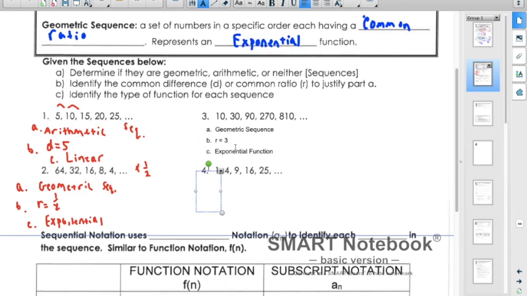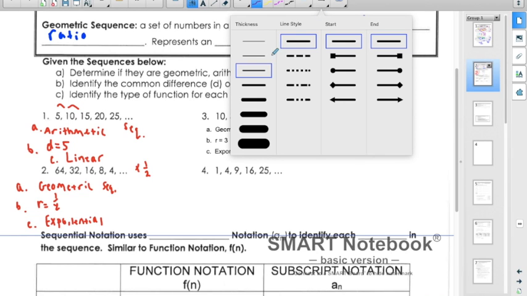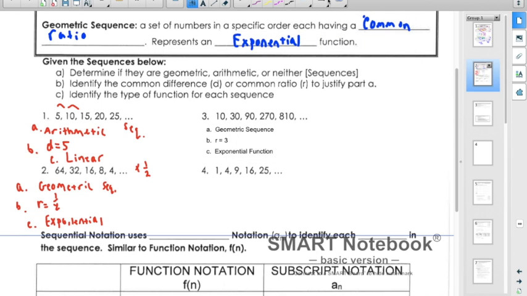And number 4. Part A, let's see, what kind of function do we have here? It's going from 1 to 4 to 9 to 16. Okay, this one's a little bit different. This is not the same as what we were just working with. Why is that? We'll take a look.